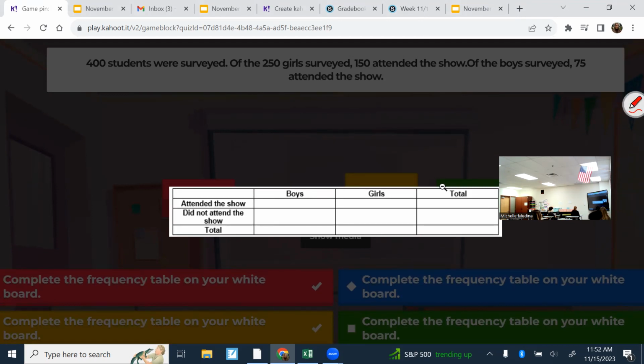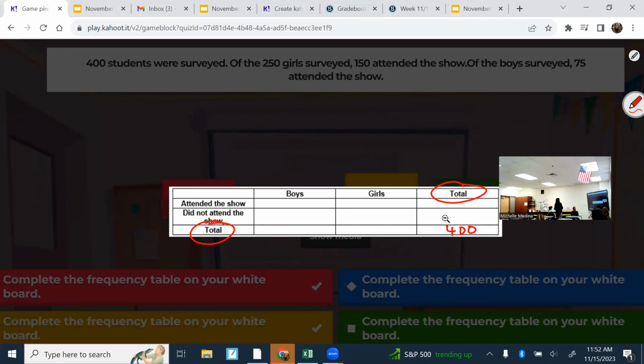Okay, bottom right. Assuming that you have a total column and a total row, that bottom right corner would always be your total survey. And this one is 400. If you don't have a total row or total column, consider adding that as scratch work on your test, because then you can answer some other questions that you might need to.